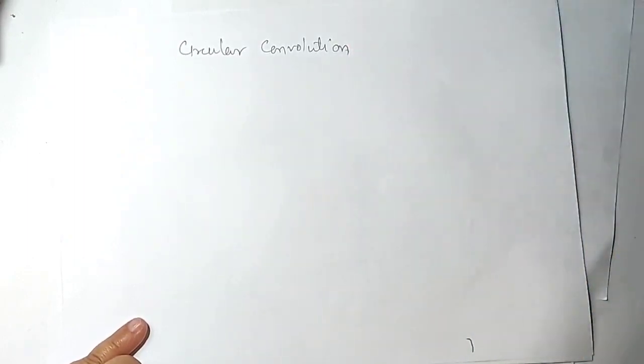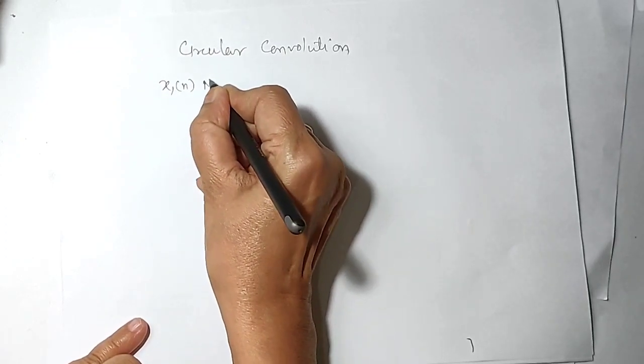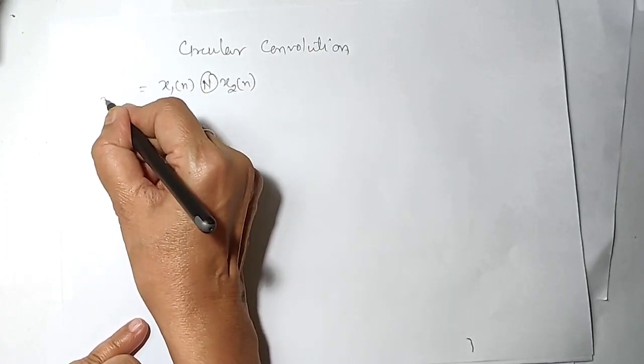is calculated in this manner: x1(n) and x2(n), suppose this is x3(n) actually.